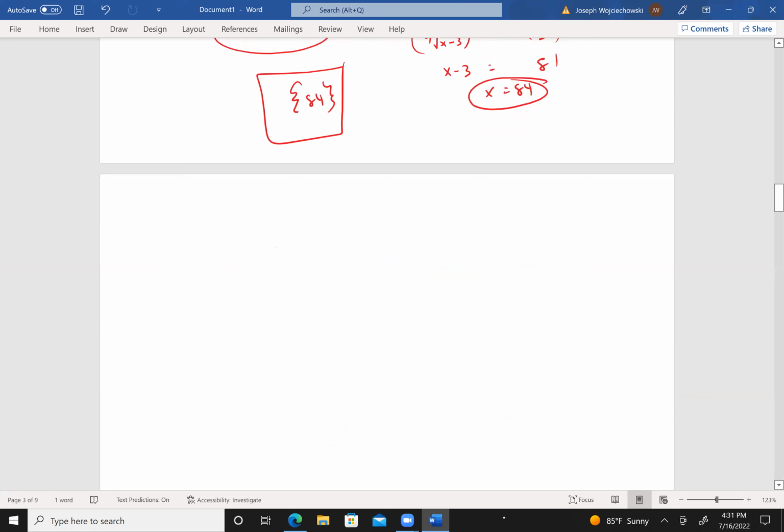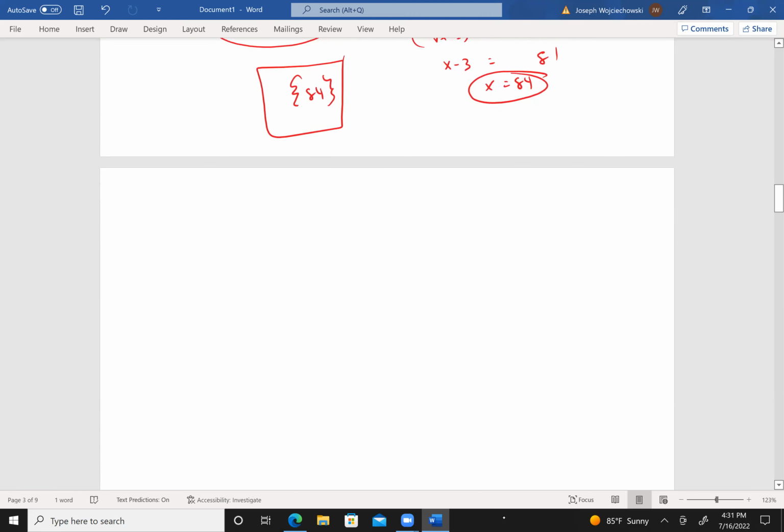Okay, so now we got skill practice 10. We have (x² − 6)² + 33(x² − 6) + 62 = 0.